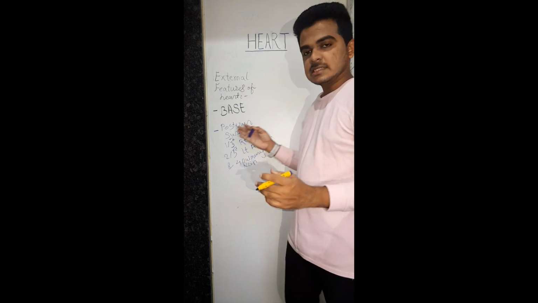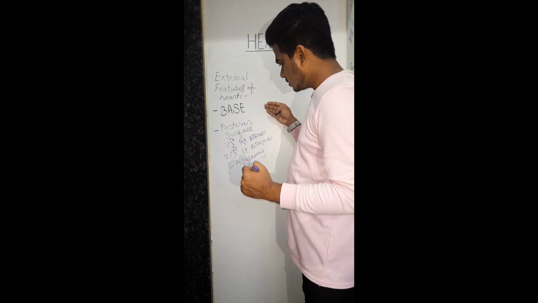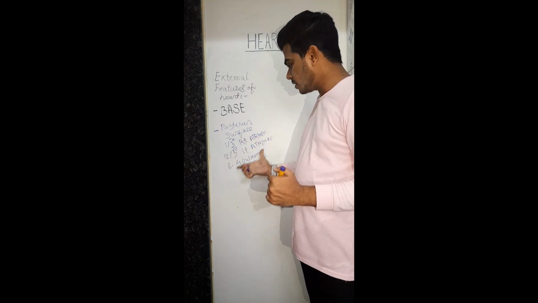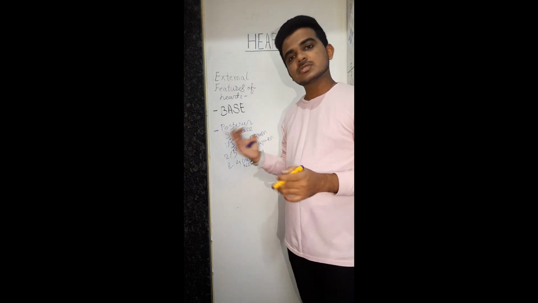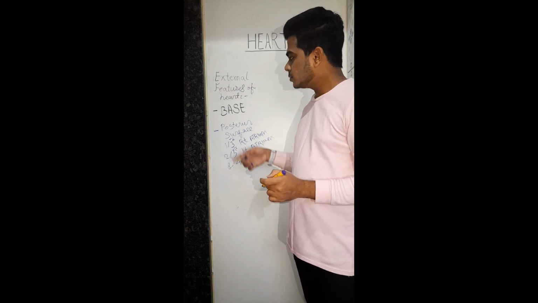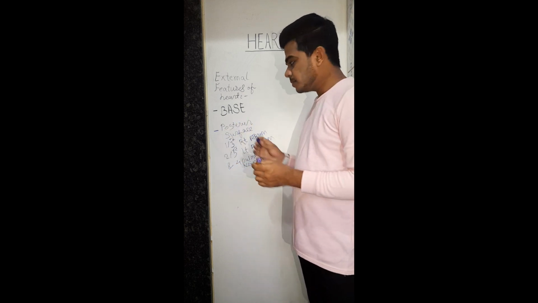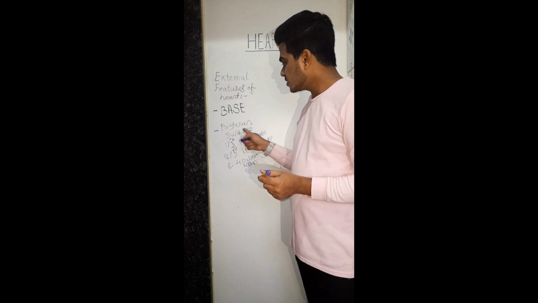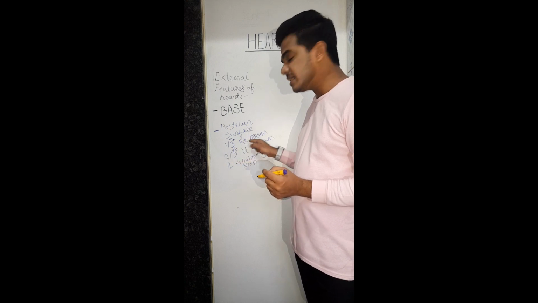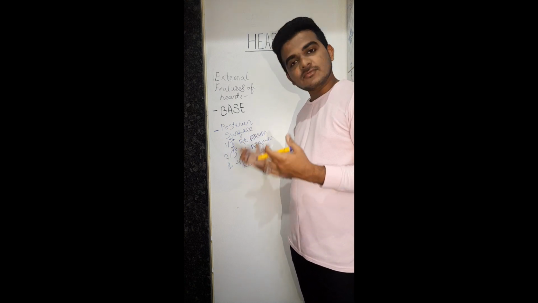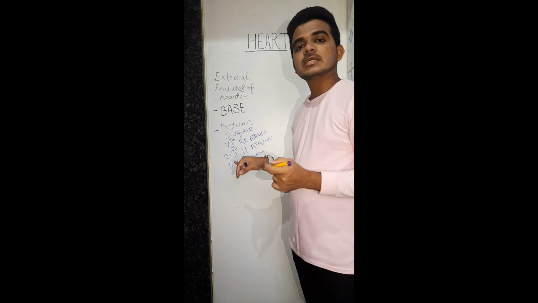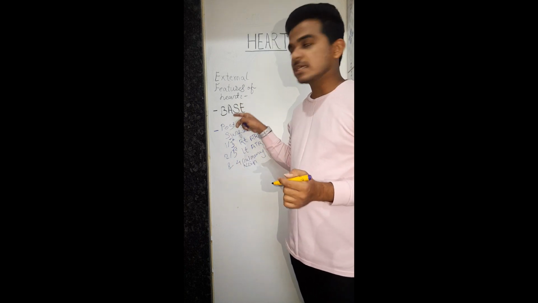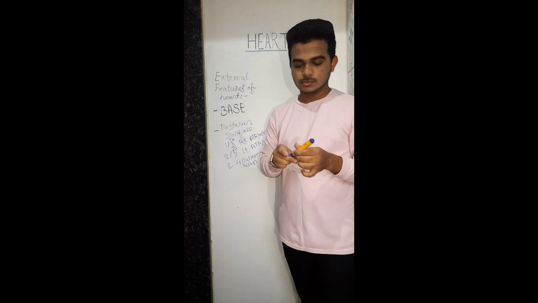We will see these surfaces and this part diagrammatically. When we see the posterior surface of the heart, then I will show you the base of the heart. So the base of the heart is formed by the posterior surface: one third right atrium, two thirds left atrium, and four pulmonary veins. Together they form the base of the heart.